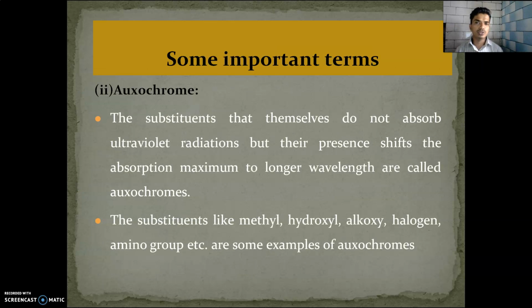Then what is an auxochrome? Substances that do not themselves absorb in the ultraviolet region, but whose presence shifts the absorption maximum to the longer wavelength, are called auxochromes. So a chromophore absorbs ultraviolet radiation; an auxochrome does not absorb, but shifts the absorption maximum to the longer wavelength. Substances like methyl, hydroxyl, alkoxyl, halogen and amino groups are some of the auxochromes.